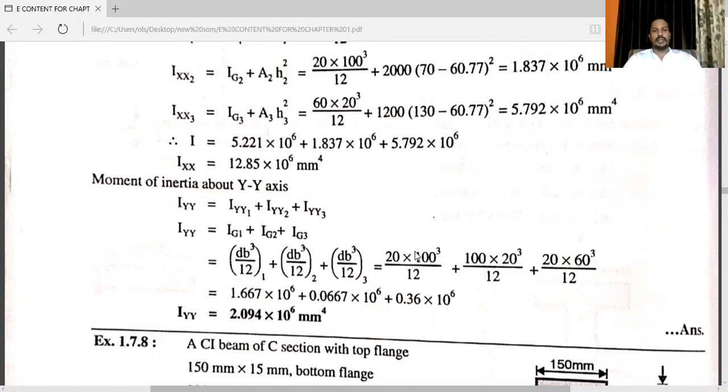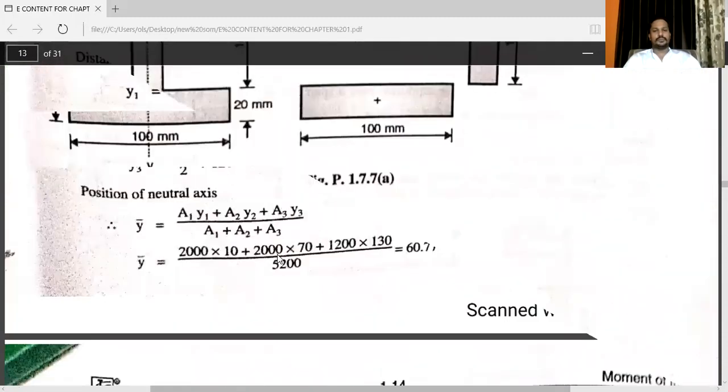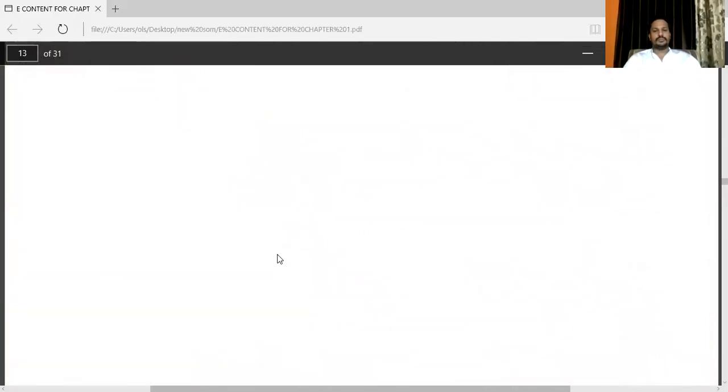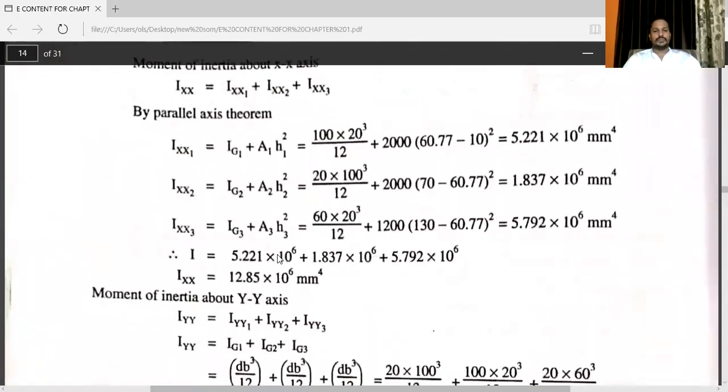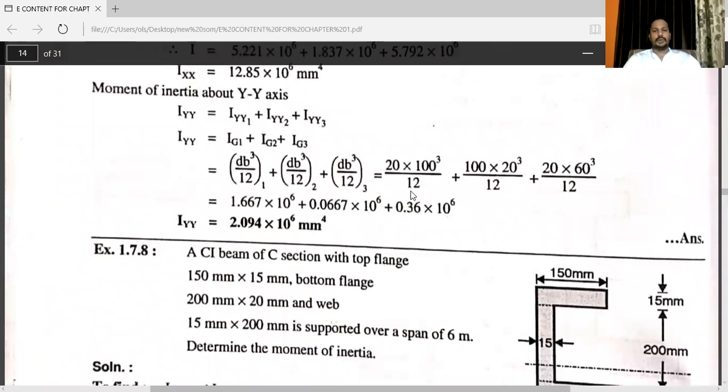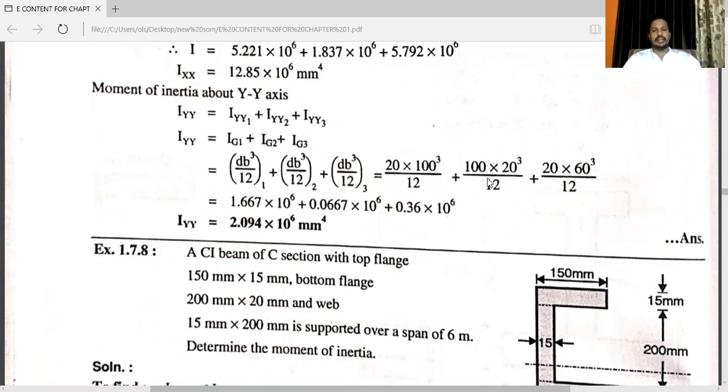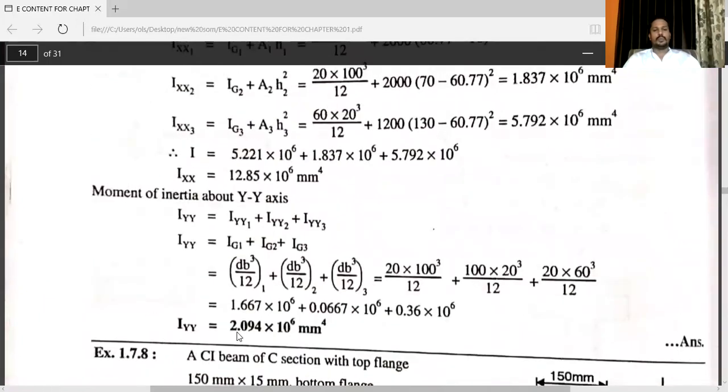So accordingly, you have to put the values: first, 20 into 100 cube by 12. For the second, 100 into 20 cube by 12. And for the third, 20 into 60 cube by 12. You will get the answer Iyy is equal to 2.094 into 10 raised to 6.